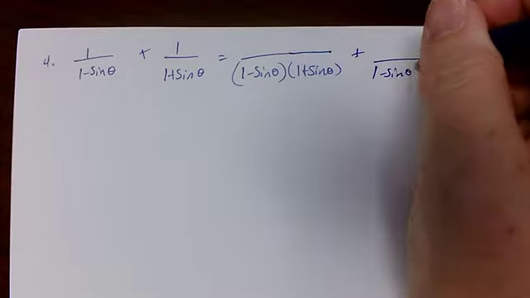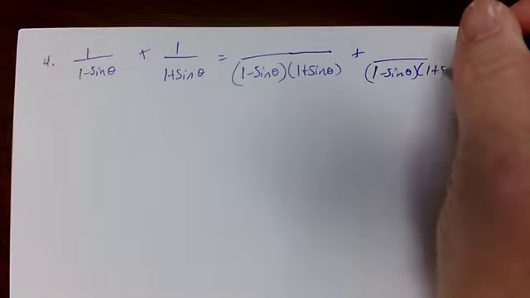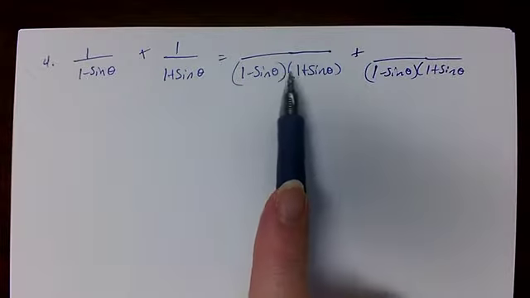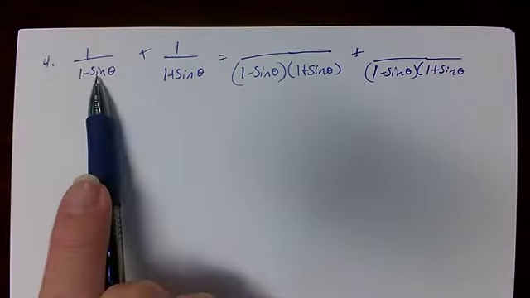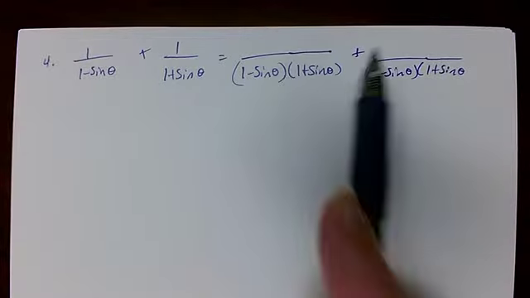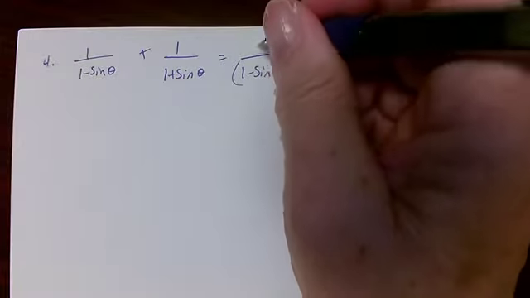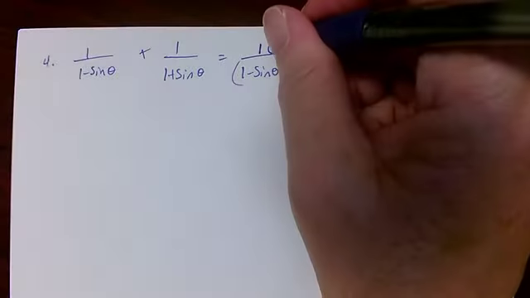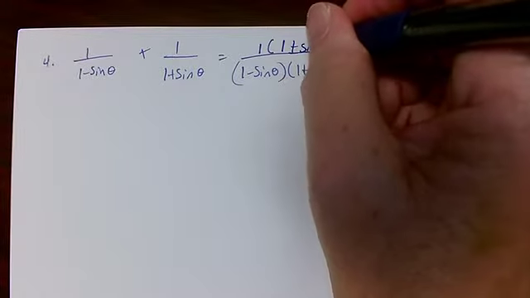Minus sine theta times 1 plus sine theta. So what did I multiply this denominator by over here to get here? I multiplied by the 1 plus sine theta. I had a 1 up there, so just in case it's something else, we want to get in the habit of writing everything. So 1 plus sine theta.